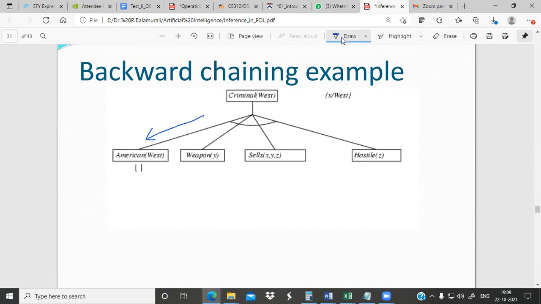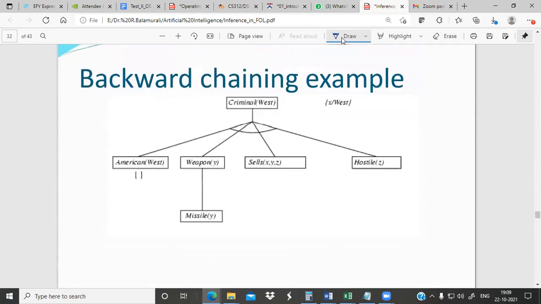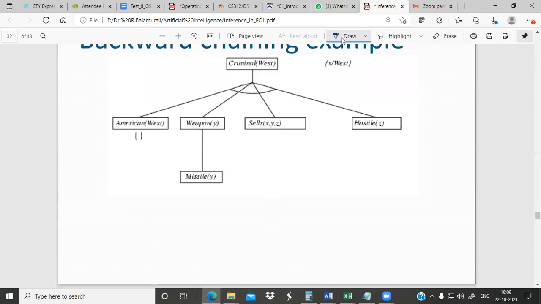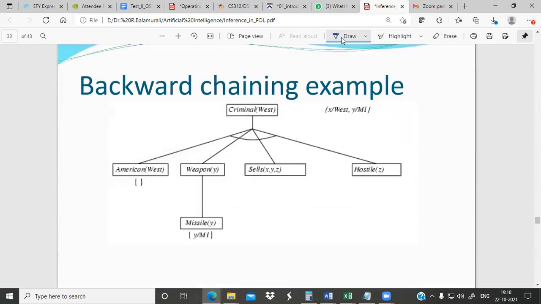Now we go to the next branch. The next branch is: Y is a weapon. This Y can be replaced with some weapon M1. If something is a weapon, then that is also a missile, and in this Missile(Y), Y can be replaced with M1, right?